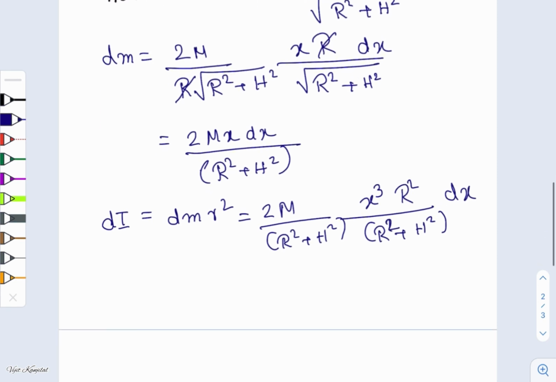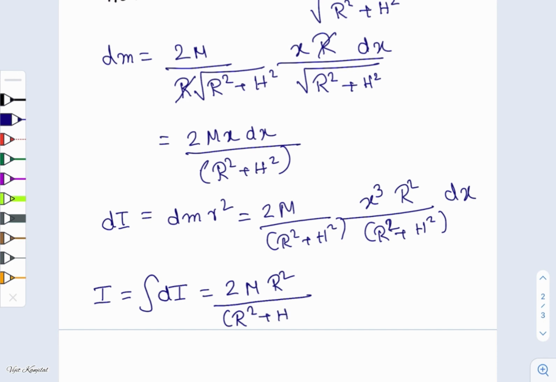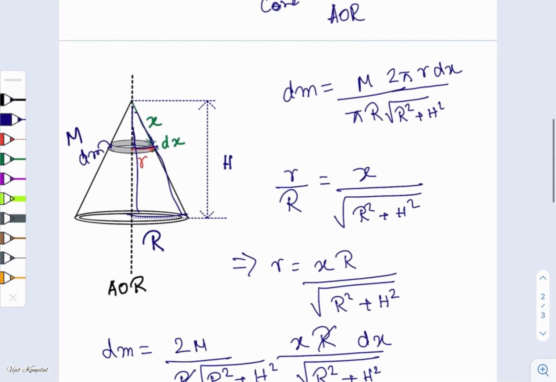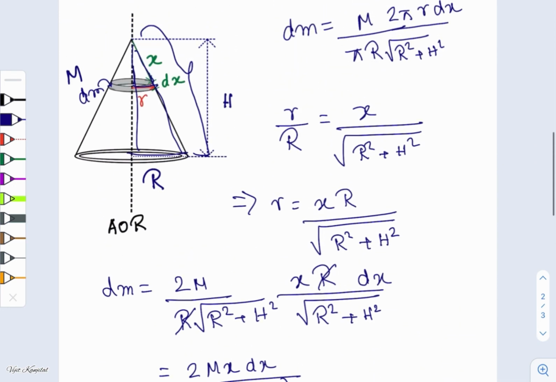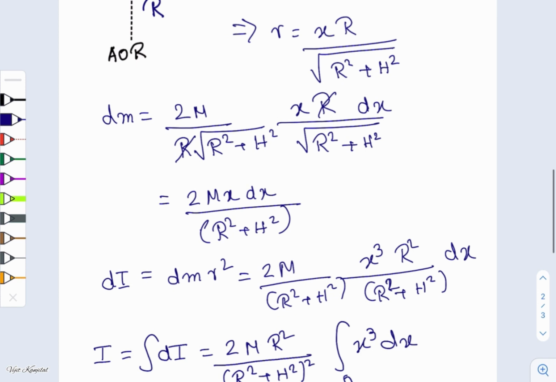So what is going to be I? I is going to be simply the integral of dI. Let's write the constant terms first: 2m R square by R square plus h square whole square, times the integral of x cube dx, where the limits of x are from 0 to this particular length, which is root over R square plus h square.